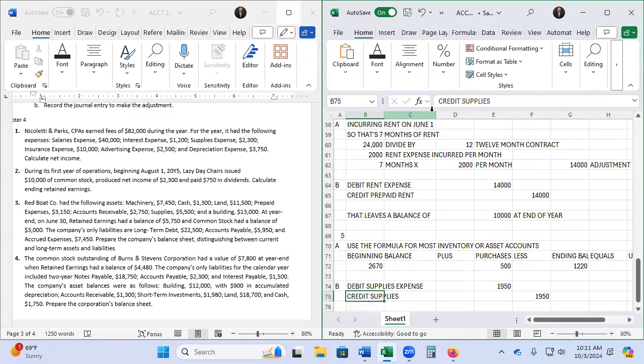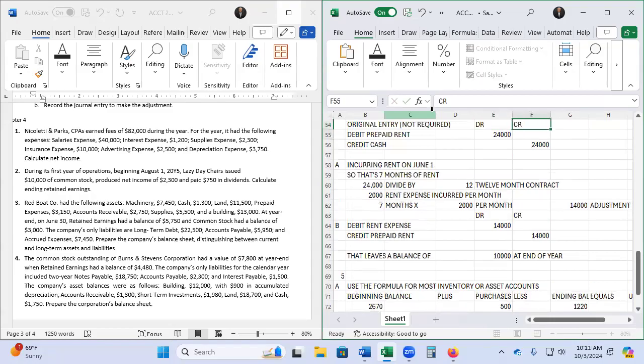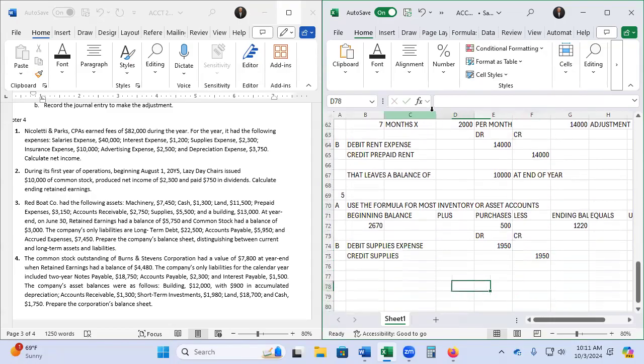I don't think about it sometimes when I separate them out like this because this should be debit, credit. But always a good idea to throw as much in here as I can so when you come back and look at it, if you do, it's available. Okay.